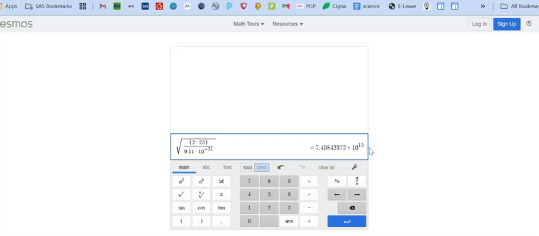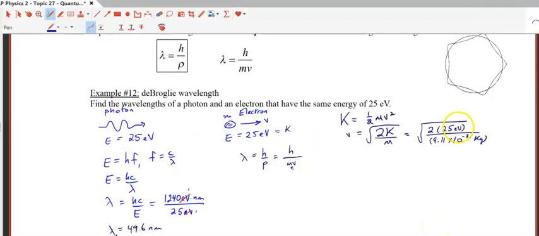Obviously you can't go faster than the speed of light, which is 3 times 10 to the power of 8. So that's not possible. You've made a mistake. So what do you think the mistake would be? The mistake here is the 25 electron volts. What one has not done is convert that into joules. So be very careful that if you're finding the speed in meters per second, which you're trying to do, then you need to put your energy in joules.